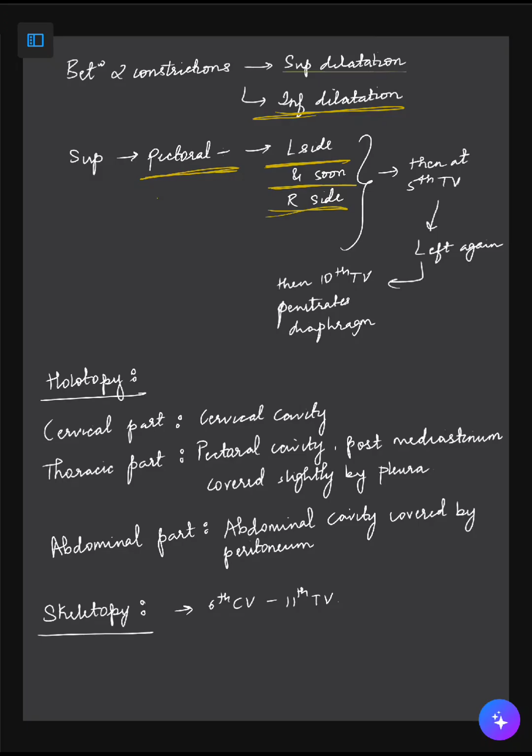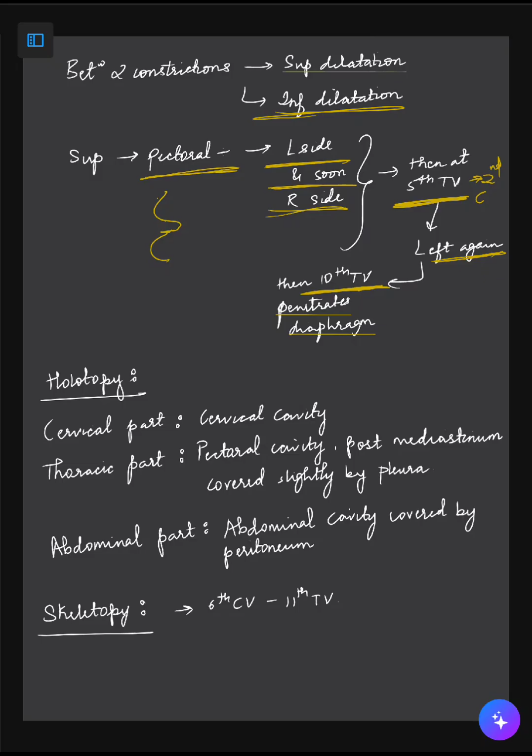So left side first and then again immediately right side. Then at the 5th thoracic vertebrae, where there is the second constriction, it moves to the left again. And near the 10th thoracic vertebrae, it penetrates the diaphragm. This is the deviation of the esophagus.